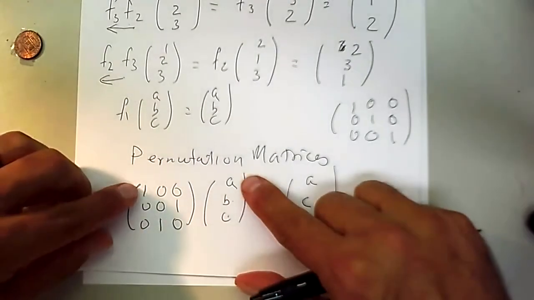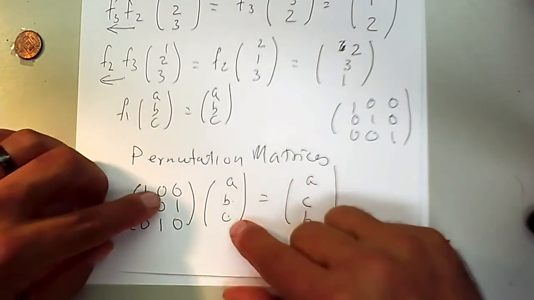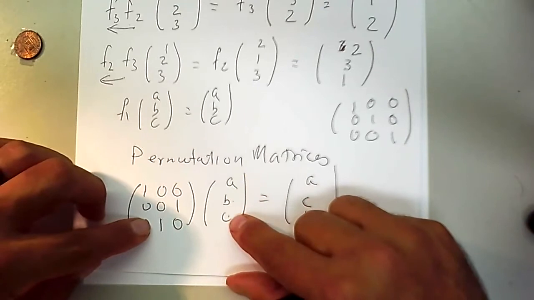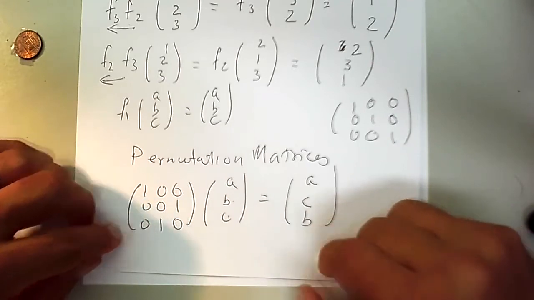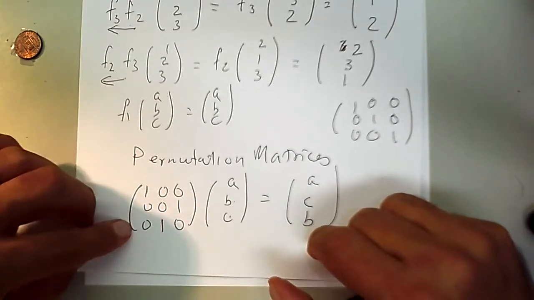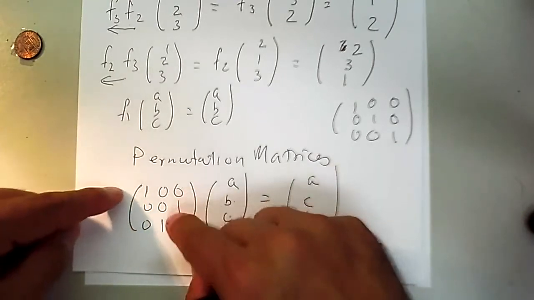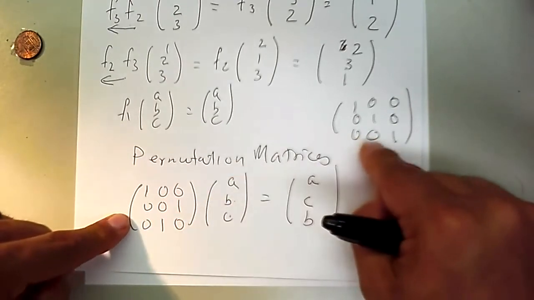Let's double check. So that picks up the first element, puts it here. That picks up the last element, but puts it on the second row. And then we pick up the middle element, B, but it puts it on the last row because we are multiplying this last row with the vector. So that is a permutation, the identity permutation.